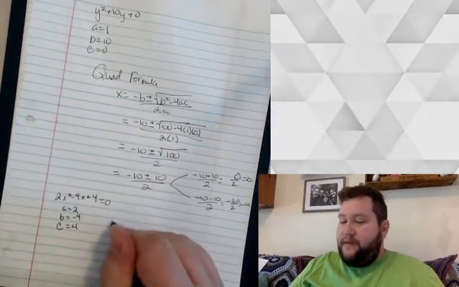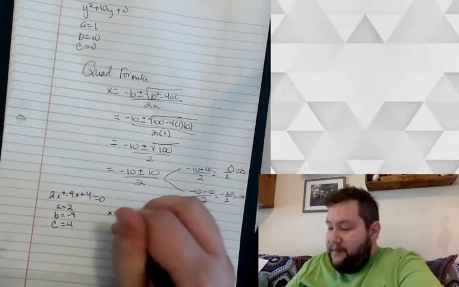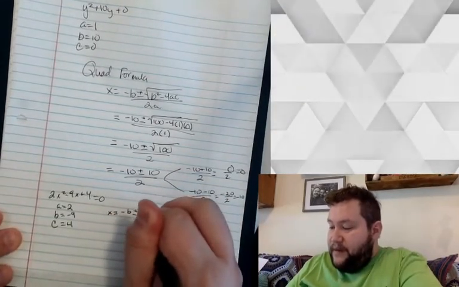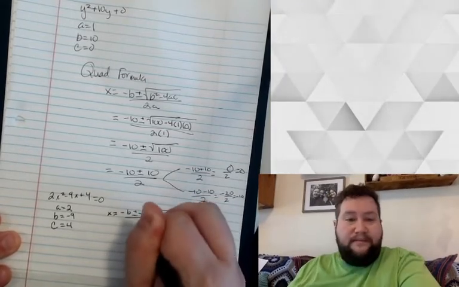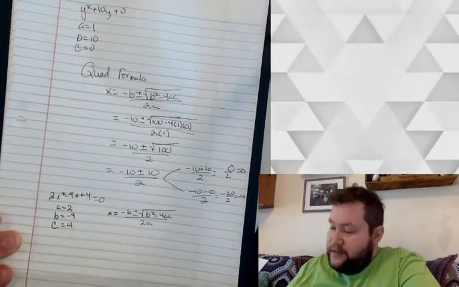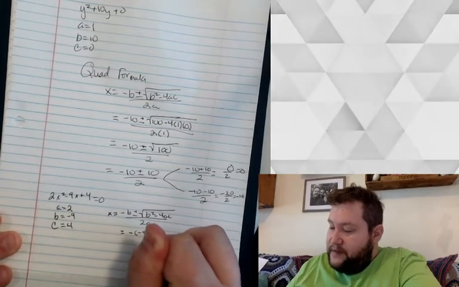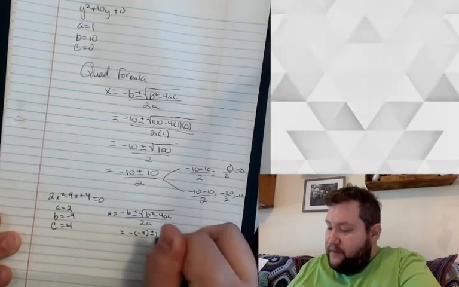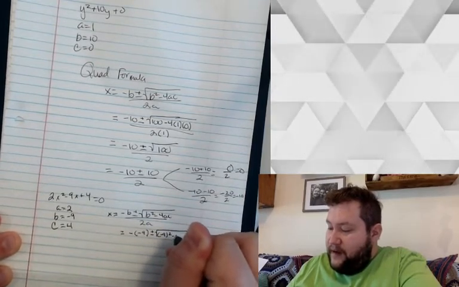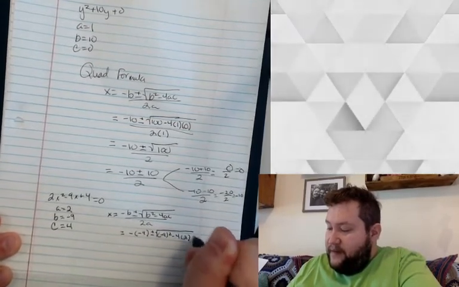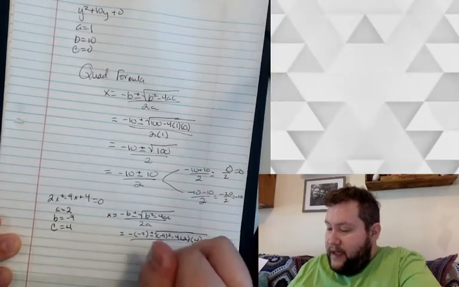Our quadratic formula tells us that x equals negative b plus or minus the square root of b squared minus 4ac all over 2a, which is negative negative 9 plus or minus the square root of negative 9 squared minus 4 times a times c all over 2a.